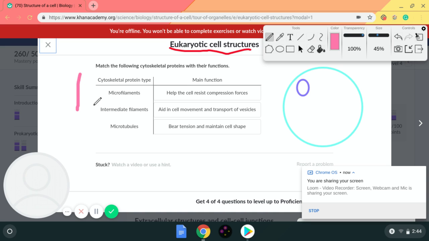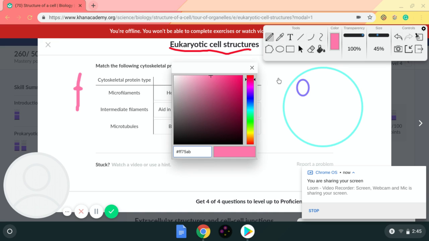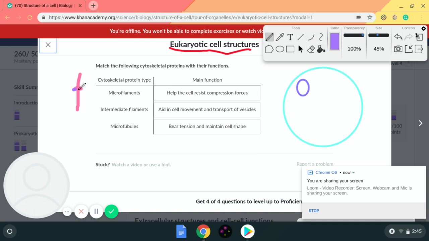Now, microfilaments are only about 7 nanometers wide. Only 7 nanometers wide. And they can contract, and they are made of what's known as actin.